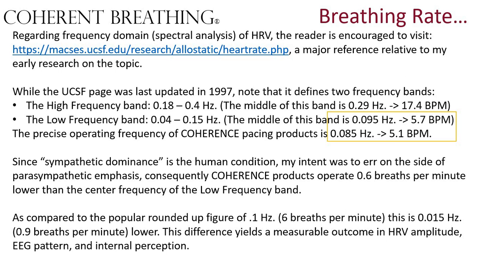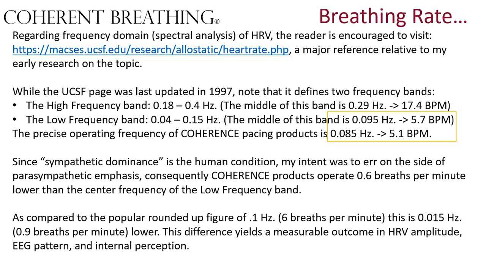Now, this explains the broad spectrum of heart rate variability, which is generally from 0 to 0.5 hertz. And it divides that broad spectrum into 2 primary bands.